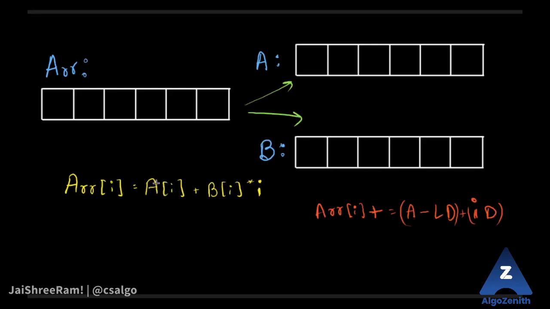If a constant C is added to a position in the A array, that gets transferred into ARR.